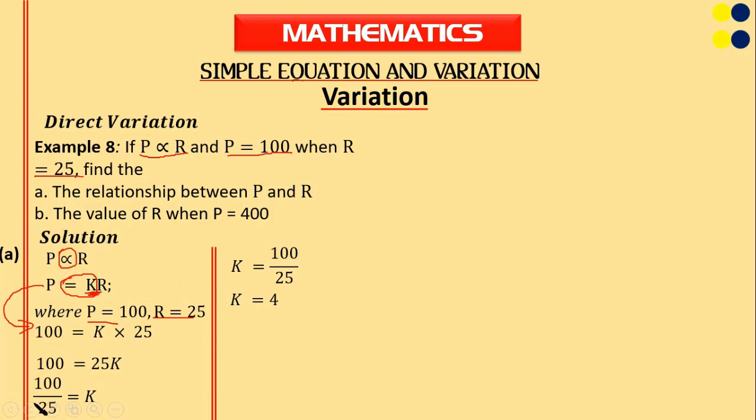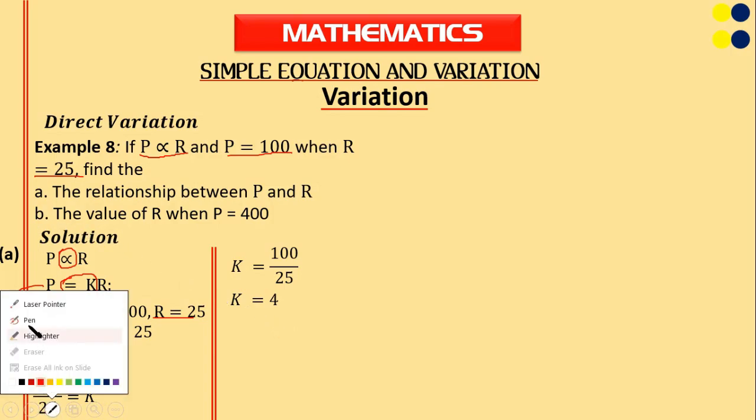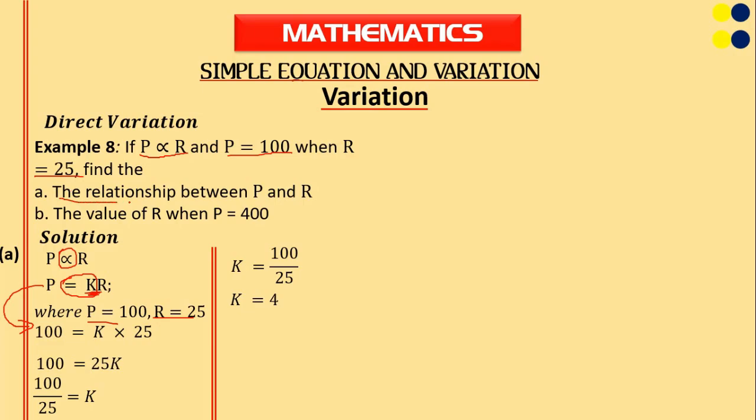Now the first question, as stated here, says the relationship between P and R. Another way it can be phrased is you can be asked to just state the formula connecting P and R. It's still the same thing. So the relationship between P and R is this formula here without K being there.